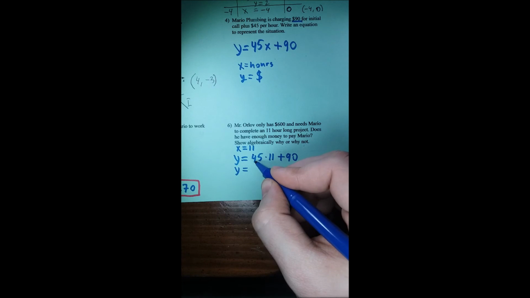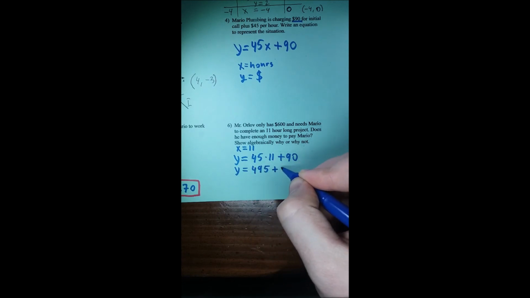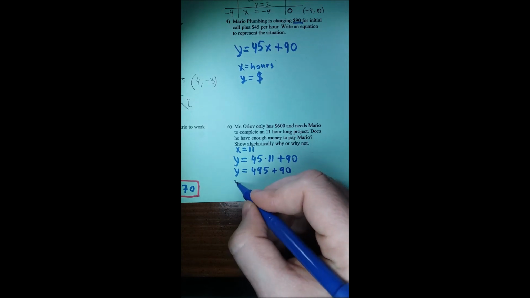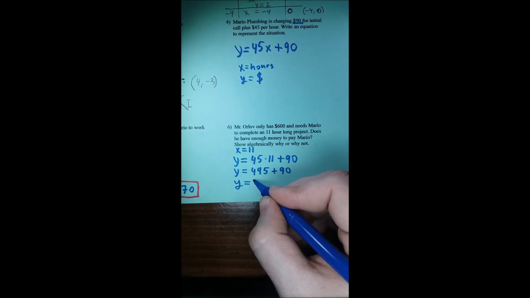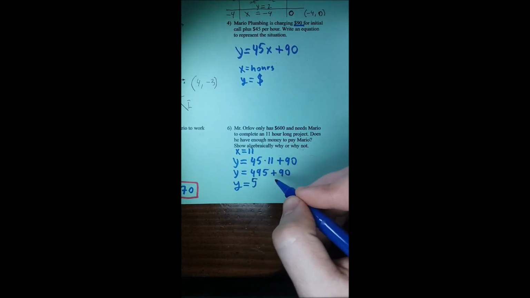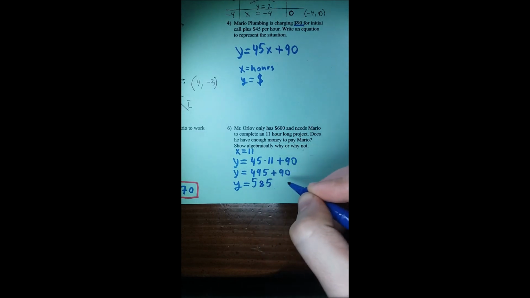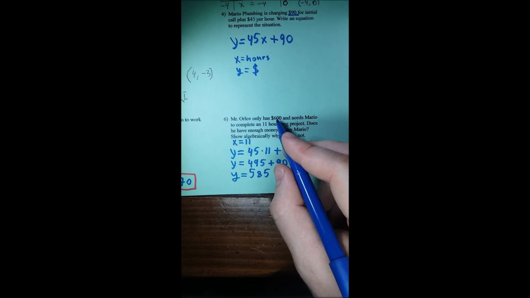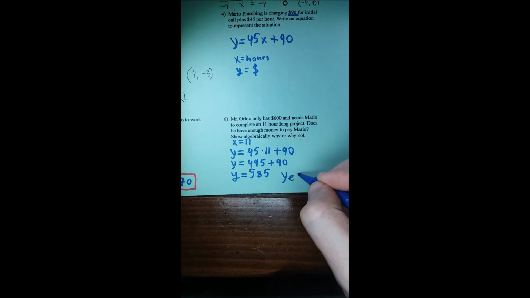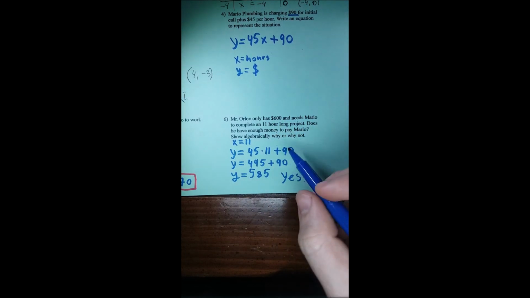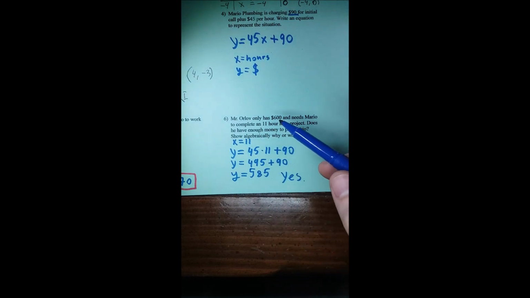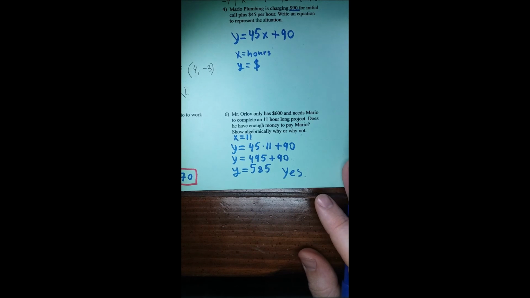Y equals 45 times 11 is 495 plus 90. So y equals $585. Is this less than 600? Yes, it is. So the answer is yes, because I'll even have $15 to spare. I can buy myself an In-N-Out. That's it.